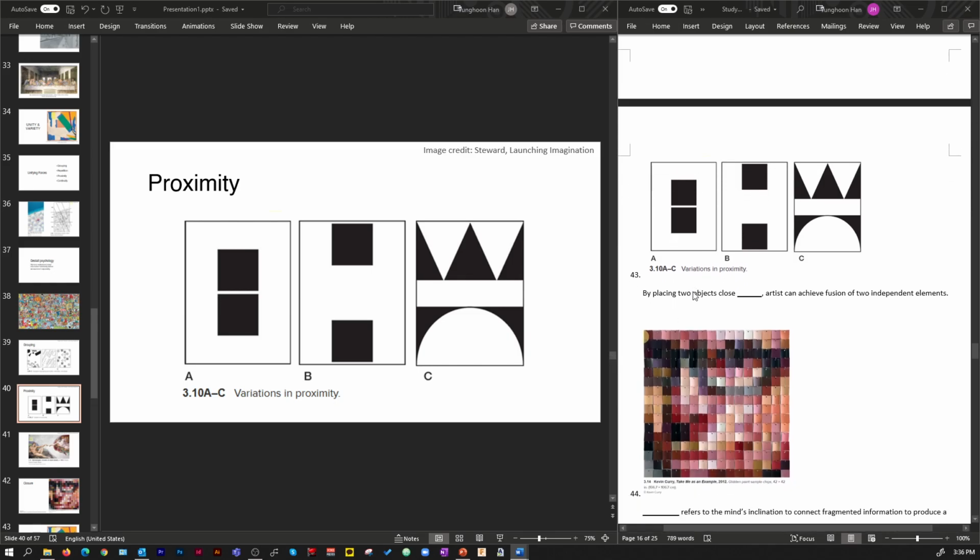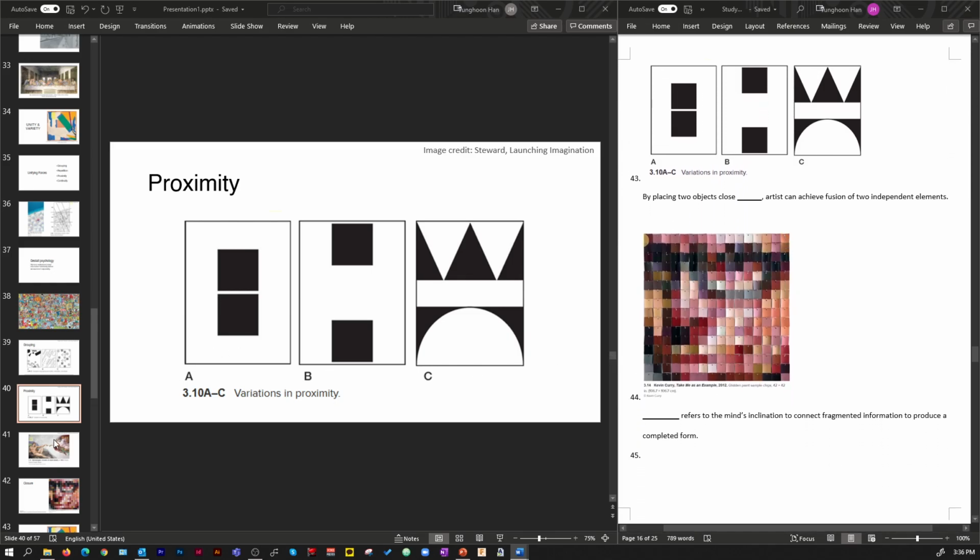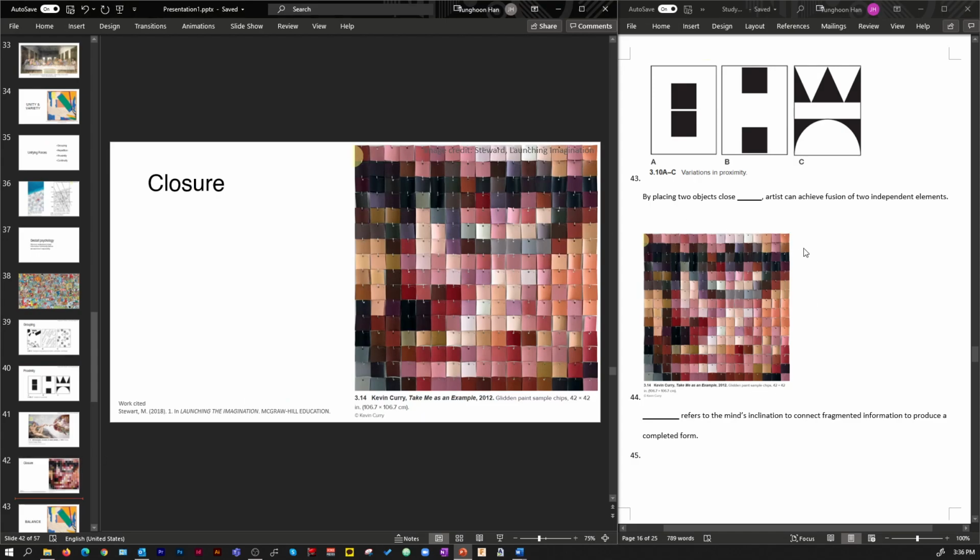And the reason why this works is that closure is working too. Even though this is a really pixelated, one color palette image, our mind can complete this artwork as a portrait, a face of someone.